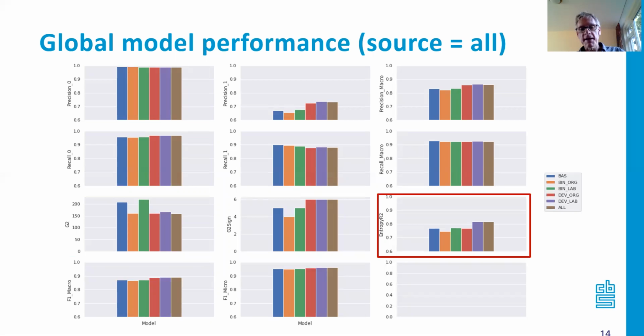And finally, we looked at entropy R-squared, which means you look at the probability mass of the predicted labels. So what is the probability of predicting label 1 when the true label is label 1? And if the label is 0, so no cyber, what is the probability of predicting that label? We found there was a slight improvement with retraining of the model on the entropy R-squared, but it was only a little bit.